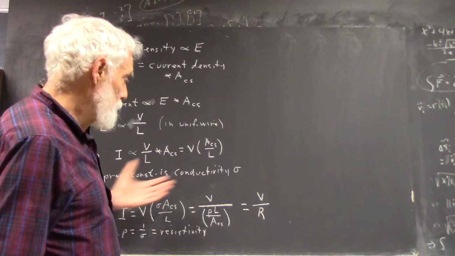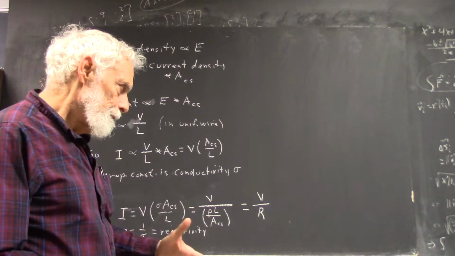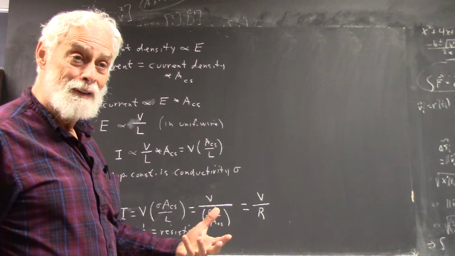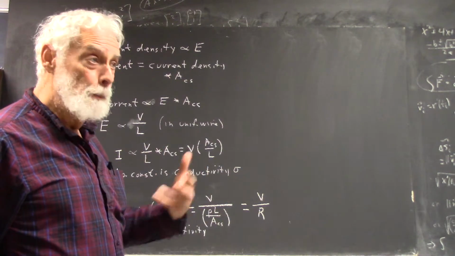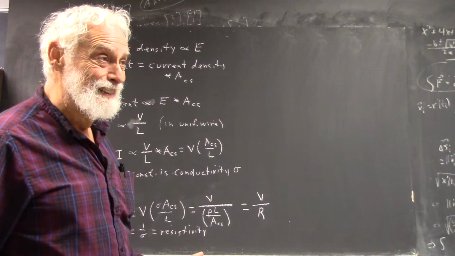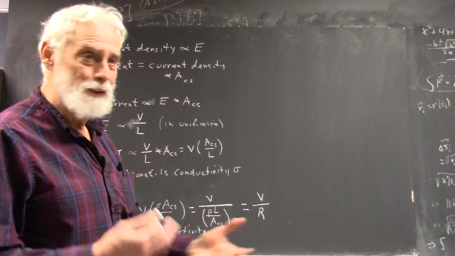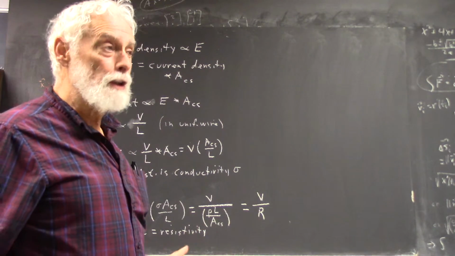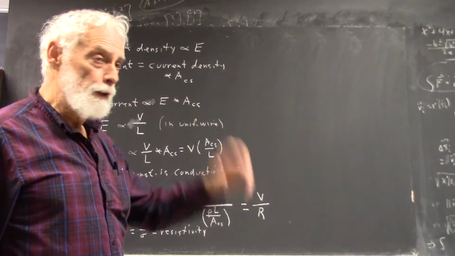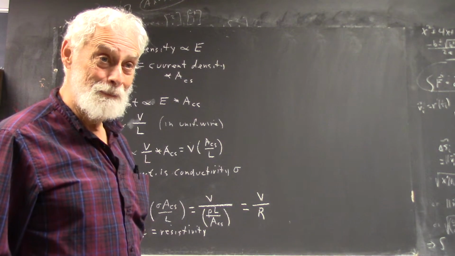If your formula tells you that a bigger resistance gives you a bigger current, you know you've got it wrong. And there are other ways it just doesn't work. So you check it against common sense rather than Googling it every time you need to use it, right?